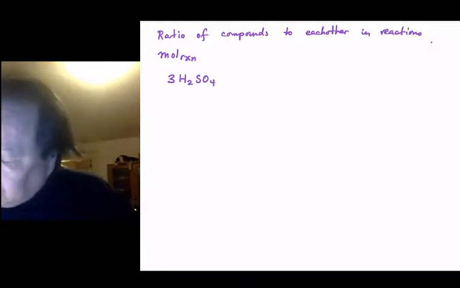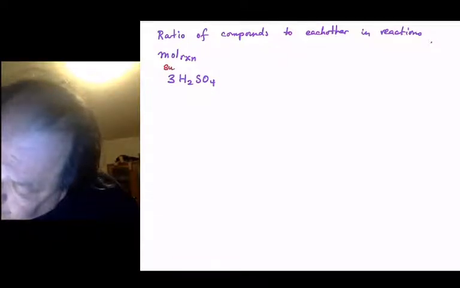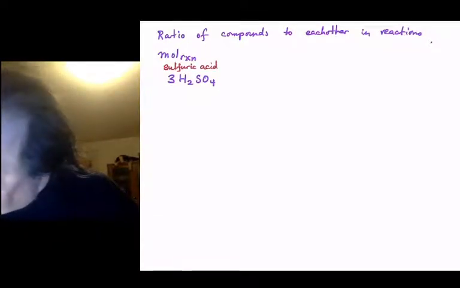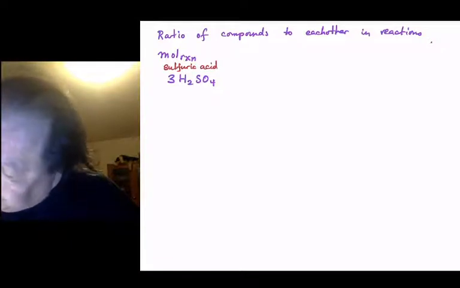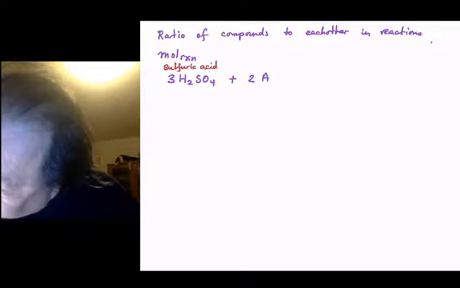3H2SO4. H2SO4 is sulfuric acid. Reacts with 2 aluminum hydroxides.